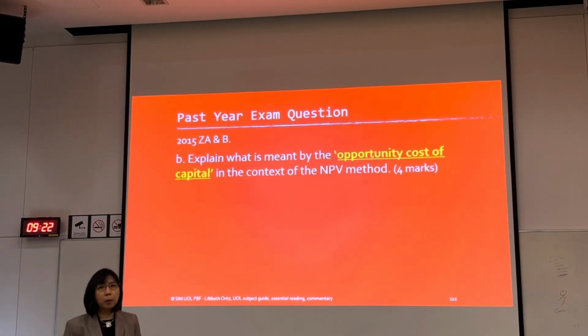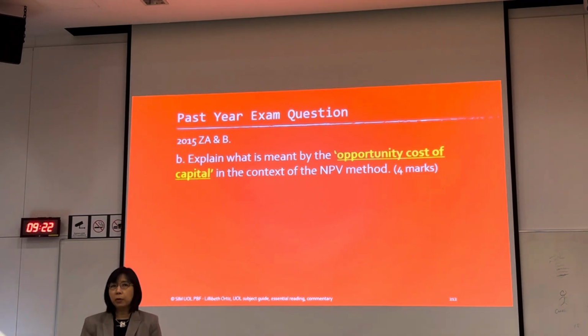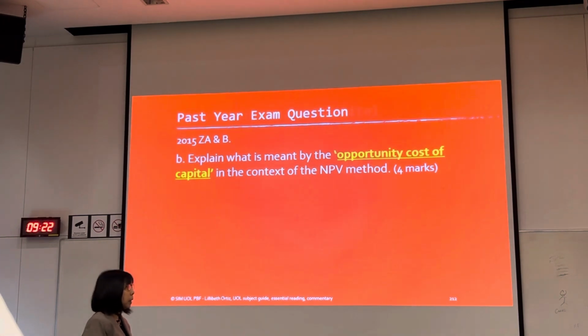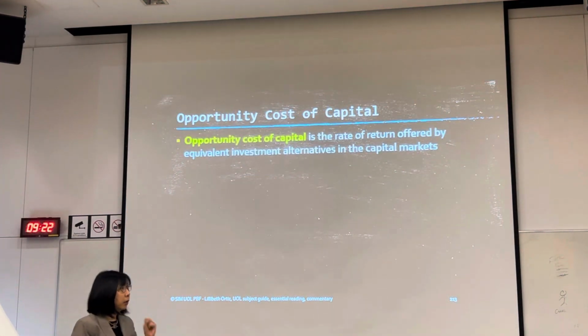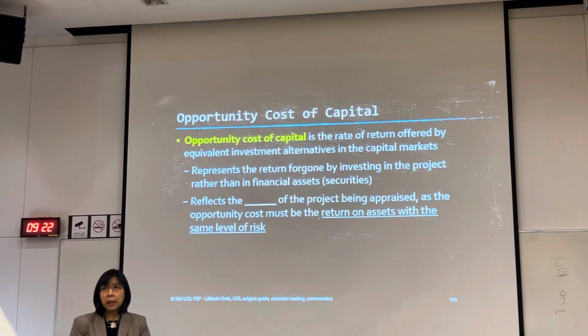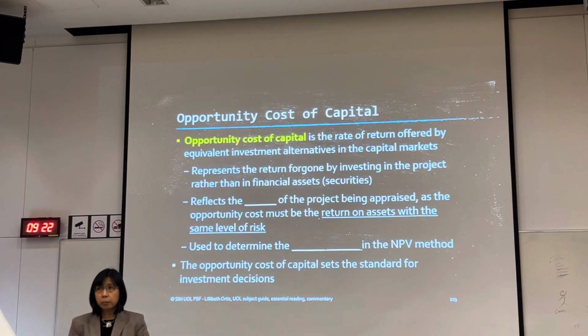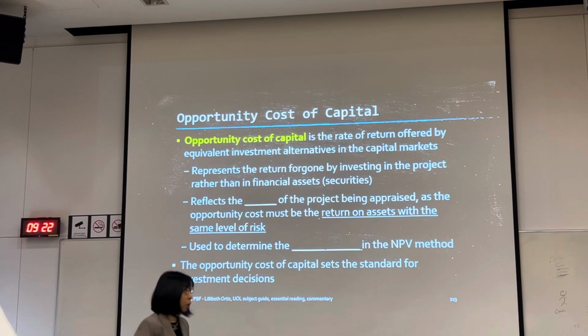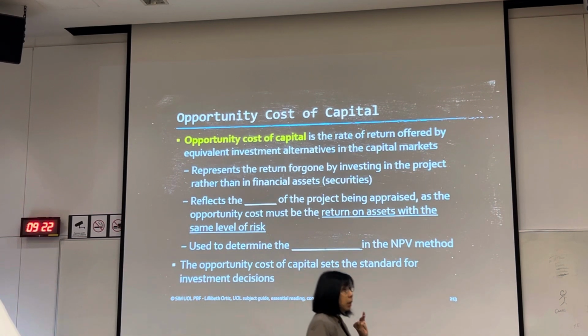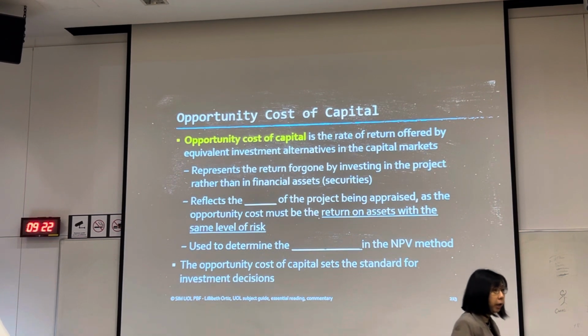Now, another kind of question, and we've been talking about this quite a bit, is the opportunity cost of capital. What do we mean by that? Right? So you need to explain some key points. One, that it is determined by the market, it comes from the capital markets. It is the return you'll get in the market for projects with the same risk.